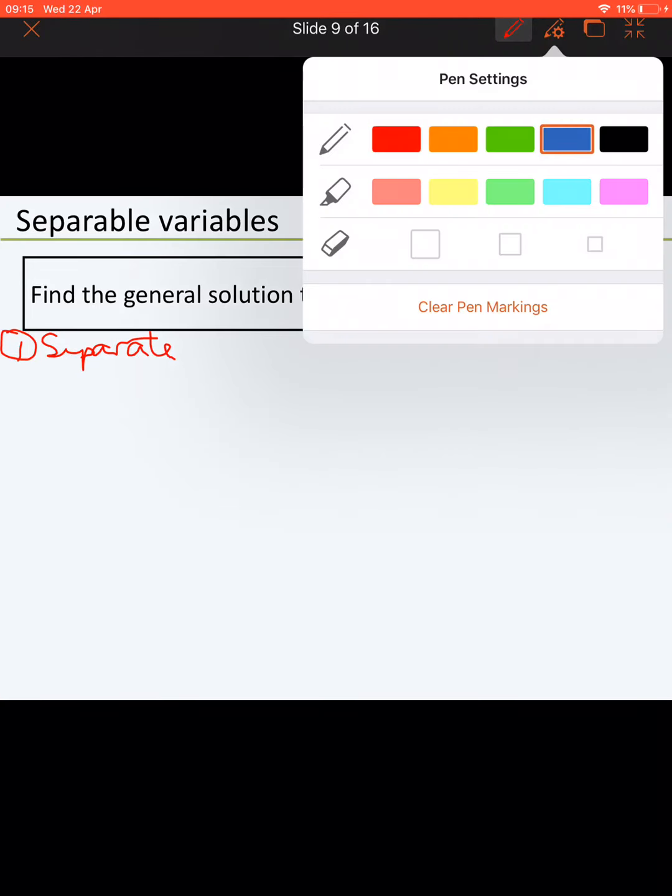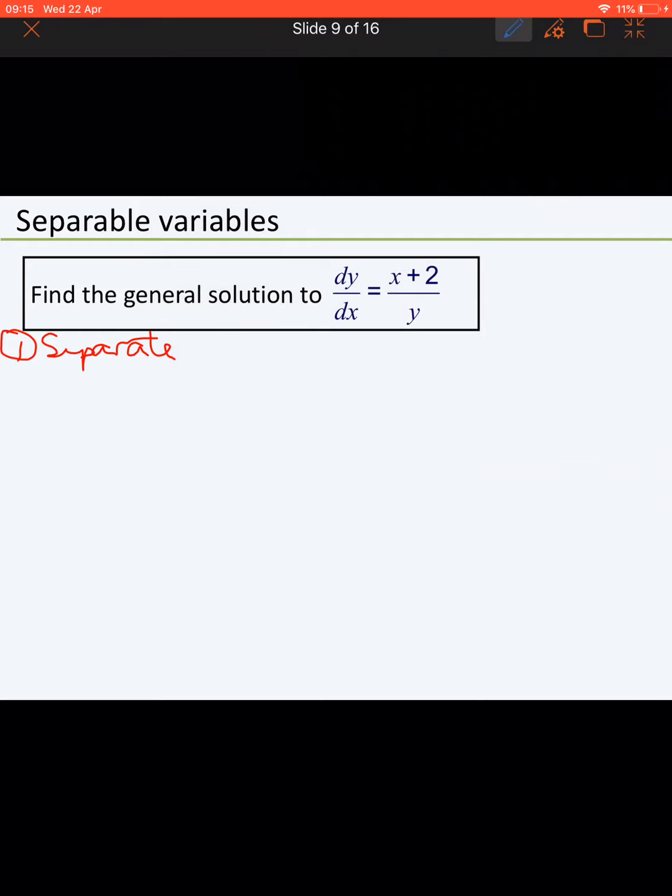So what we're going to do is take the y that's down there and multiply it up onto the left hand side, so it becomes y dy equals, and on the right hand side you've got the x plus 2 dx. And as I said before, we want to have the integration symbols there so that it's mathematically correct.